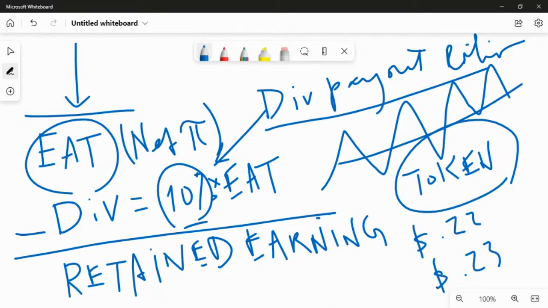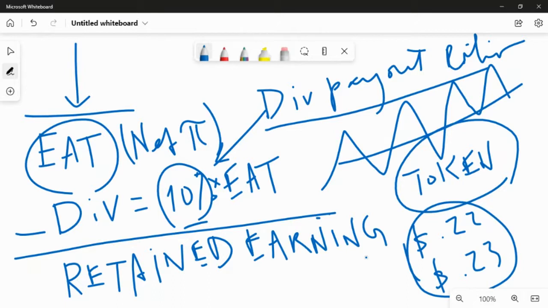But again, think about it. Even if that's the case, if you look at the last 5 years, Apple's dividends were still about the same every year, every quarter, just about like this. So in reality, it really doesn't depend on the actual earnings.